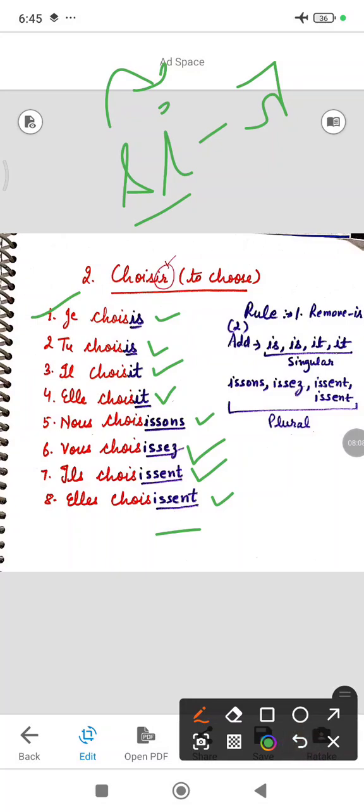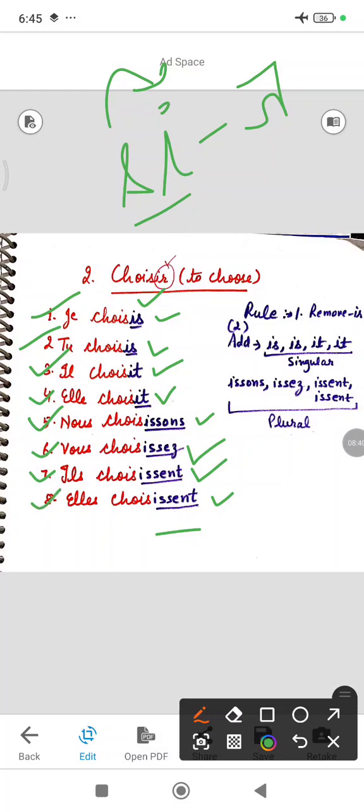Je choisis, tu choisis, il choisit, elle choisit. Now see, everyone I am saying choisis only, but the first one ends with IS and the third and fourth end with IT. Next one, nous choisissons, vous choisissez, ils choisissent, elles choisissent.